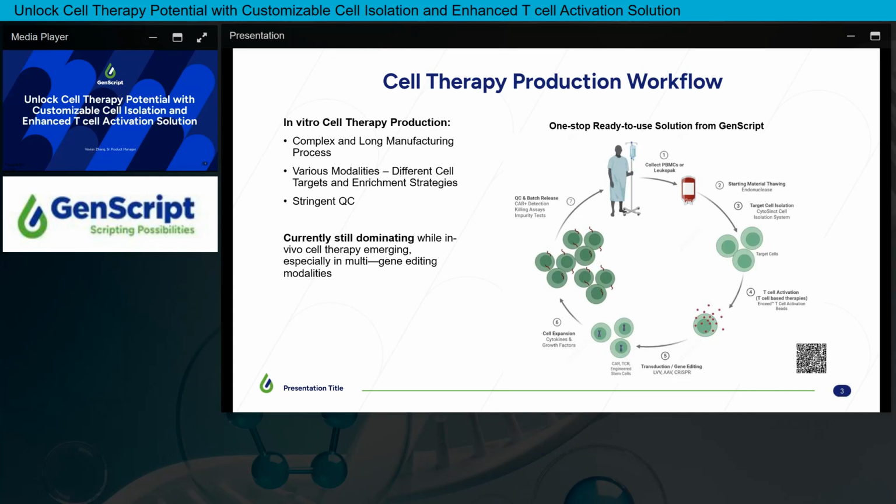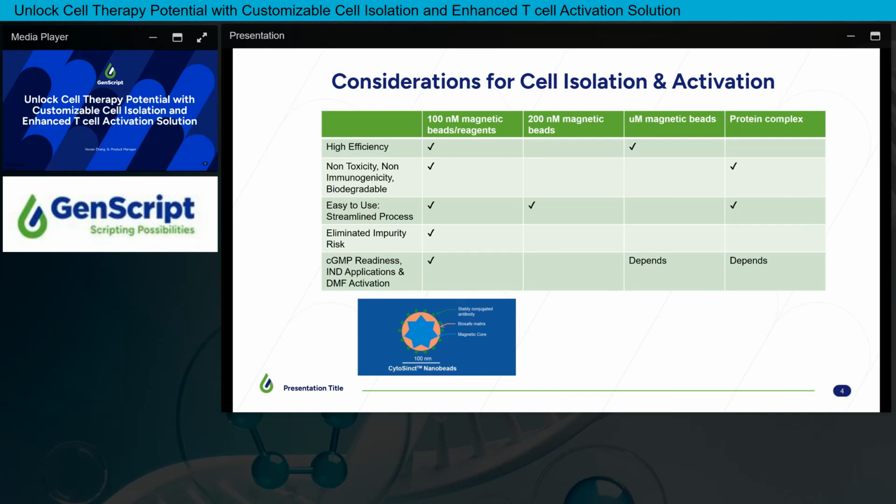And in addition to that, currently in vivo cell therapy has also emerged, but even with that, in vitro cell therapy manufacturing is still dominating the market as of now, especially for the multi-gene edited modalities like for the solid tumor treatments. So for choosing your best cell isolation and activation platforms, there are many different considerations, but a few of the most important ones we try to summarize here.